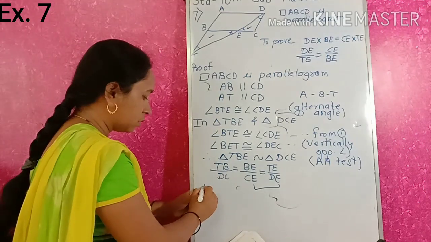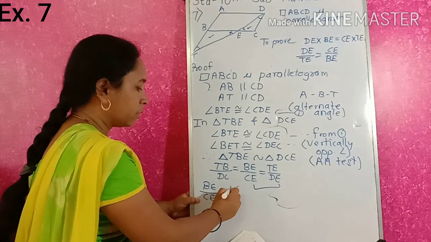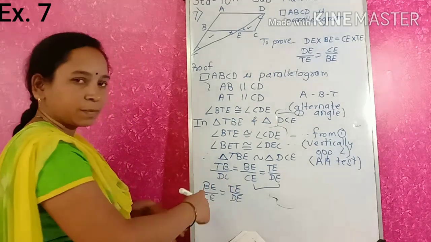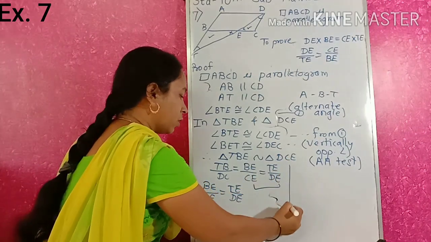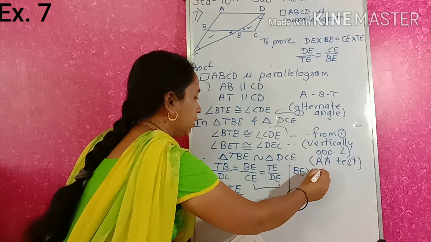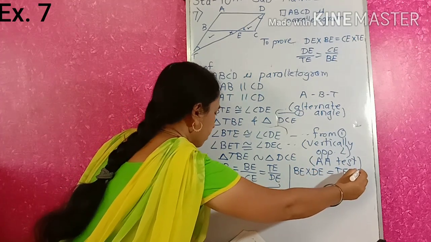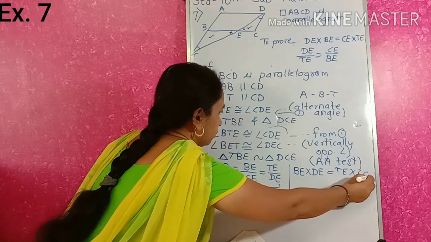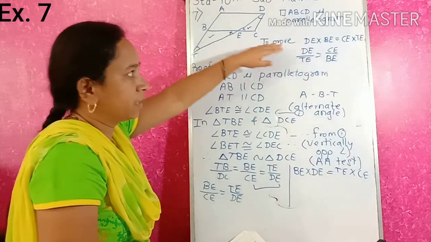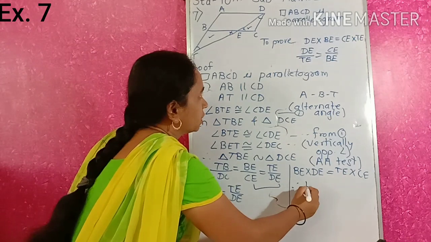So BE upon CE is equal to TE upon DE. Cross multiplying, I will get BE multiplied by DE is equal to TE multiplied by CE. Arrange it properly, you will get what we have to prove. Therefore, hence it is true.